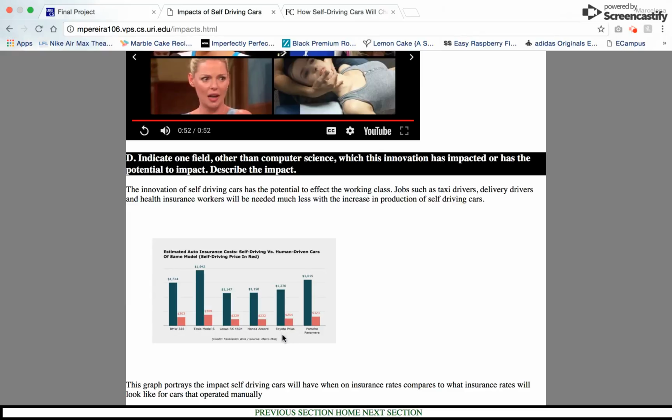I don't think we have too many Porsche drivers in Rhode Island, but yeah, so for example, the average Honda Accord or Toyota Prius driver pays about $1,200 a year for insurance. With self-driving cars, that goes down to about $1,000.